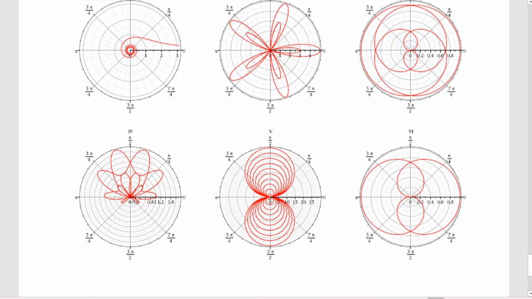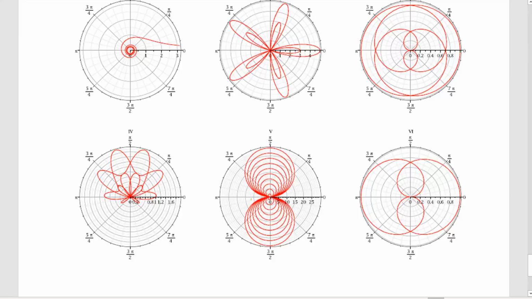Next, does it pass through pi and 1? Where's 1? Somewhere here. It does not pass through that point, so not this one. And obviously not this one.